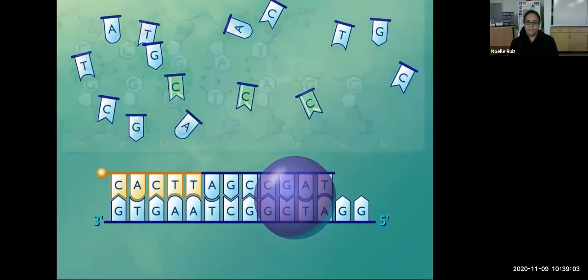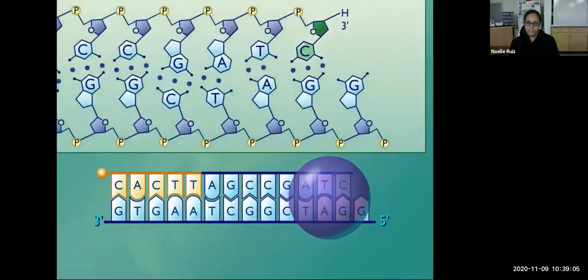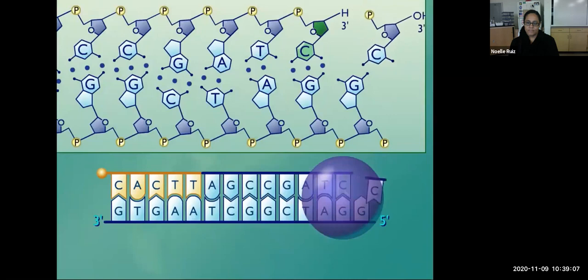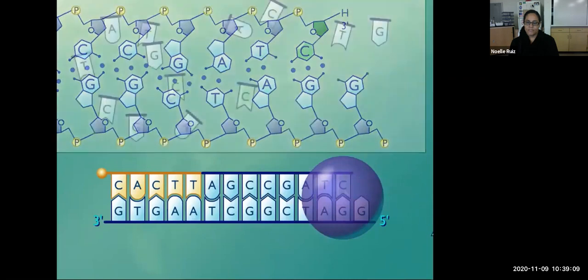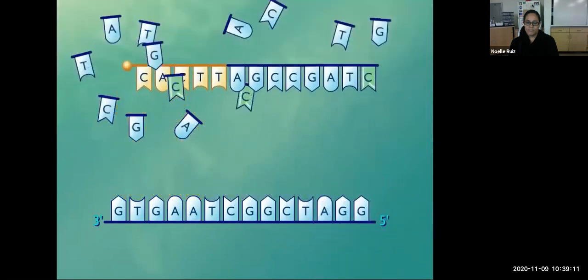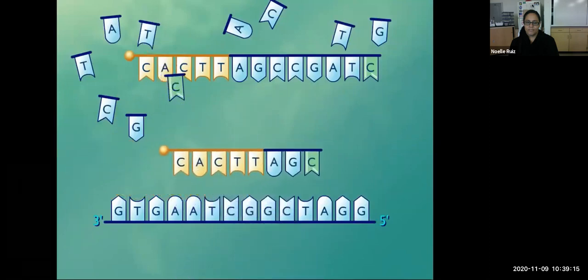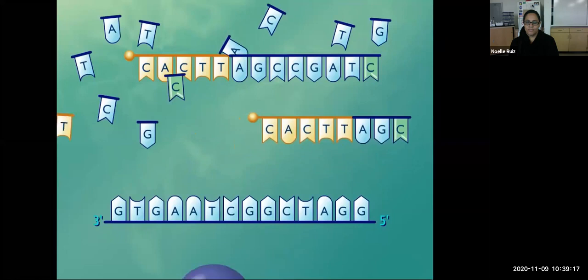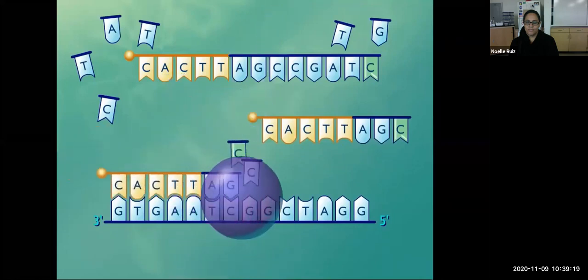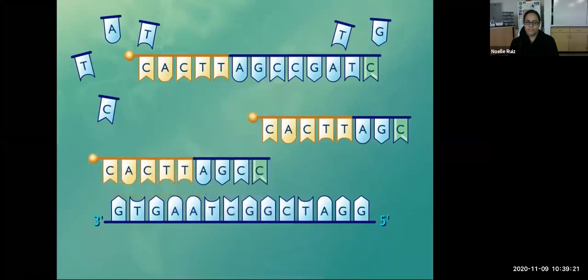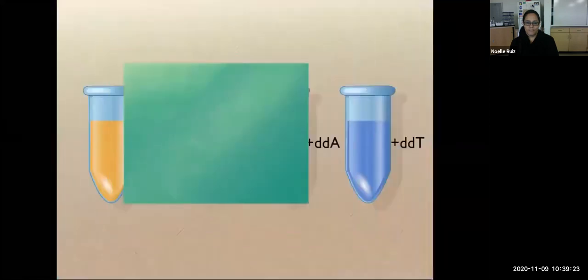The contents of the reaction tubes are then transferred to 4 lanes of an electrophoresis gel, and the oligonucleotides are separated by size and nucleotide type. The shortest oligonucleotide moves furthest down the gel. Reading from bottom to top, 1 base at a time, provides the correct DNA sequence.